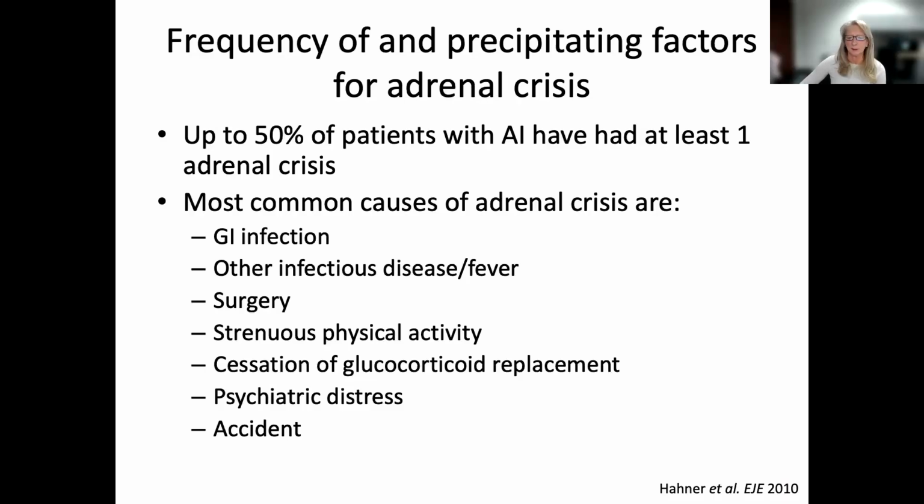But strenuous physical activity does require a bump up in the glucocorticoids. If you're running a marathon, or hiking a really strenuous hike for 6-8 hours of the day, that would require some additional glucocorticoid bump. Cessation of glucocorticoid replacement is sometimes a cause. A patient forgets to pick up their prescription and they go away for the long weekend, and now they don't have medication available for the 3 days they're away. Psychiatric distress is another one, and as we talked about, accident and trauma.